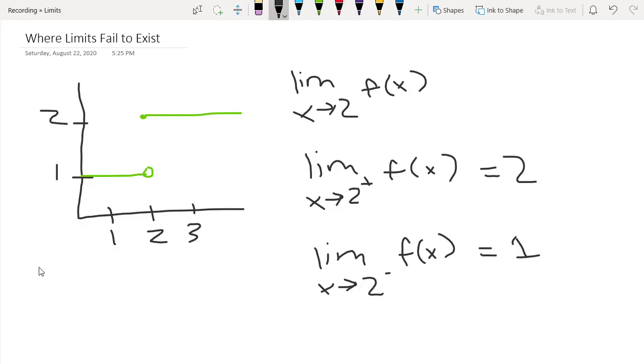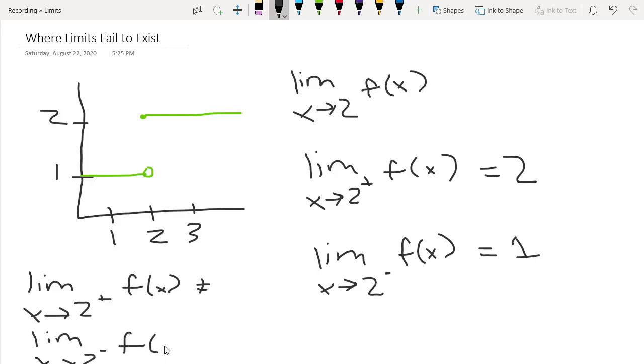Now, if the limit as x approaches 2 from the right of f of x is not equal to the limit as x approaches 2 from the left of f of x, then there is no limit. Since these values are not equal, because 2 does not equal 1, the limit as x approaches 2 of f of x does not exist.